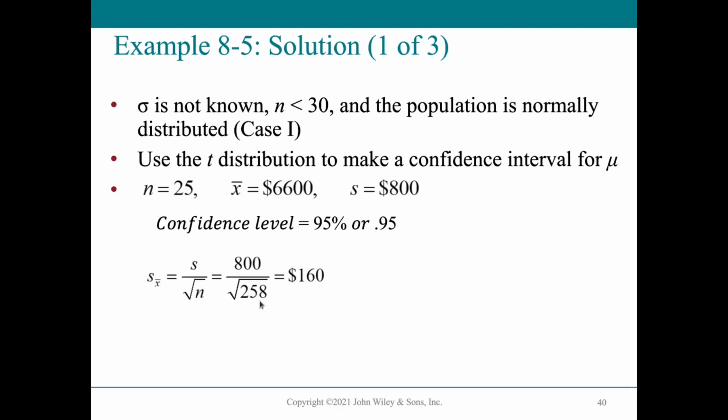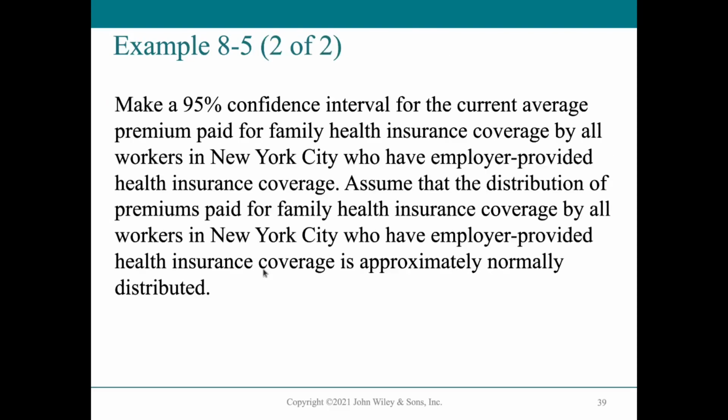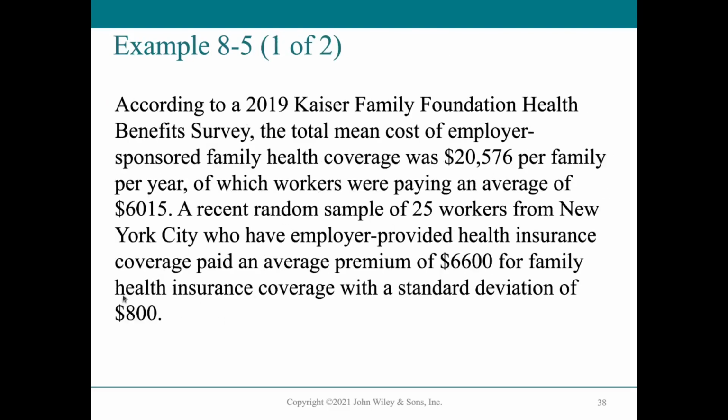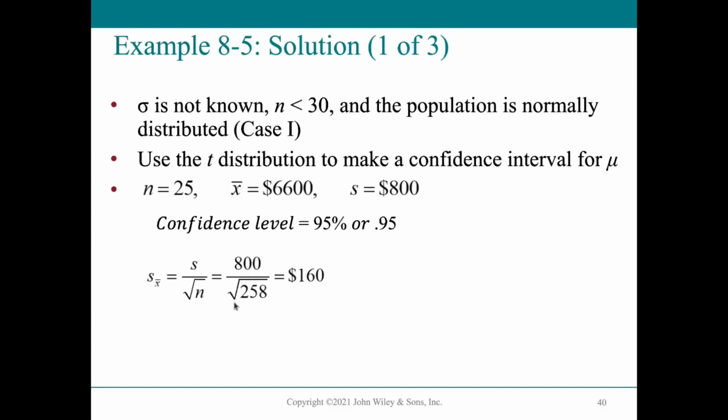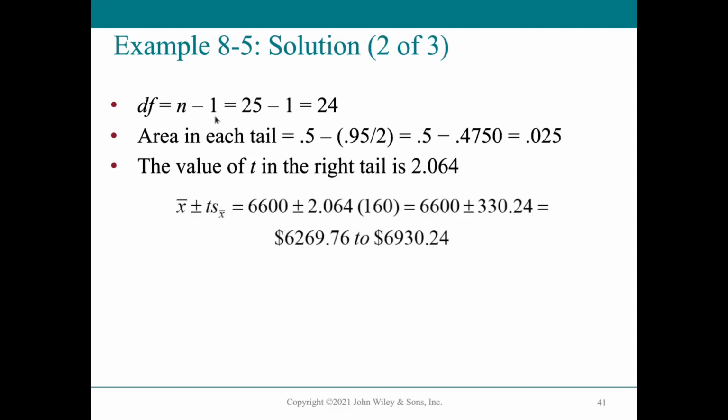So the normalized sample standard deviation is equal to the sample standard deviation, 800, divided by the square root of the number of samples, sorry, it's not 250, it's supposed to be 25. Our degree of freedom, to get our value of t, is n minus 1, which is 25 minus 1, or 24.